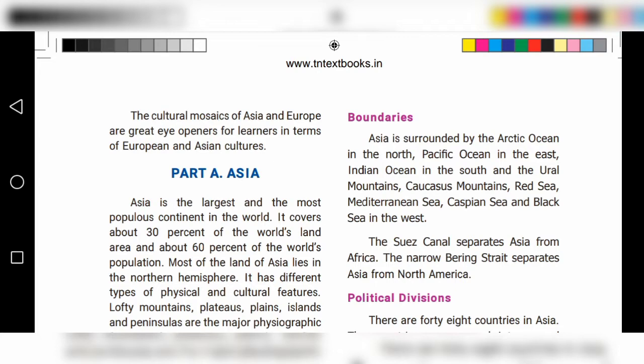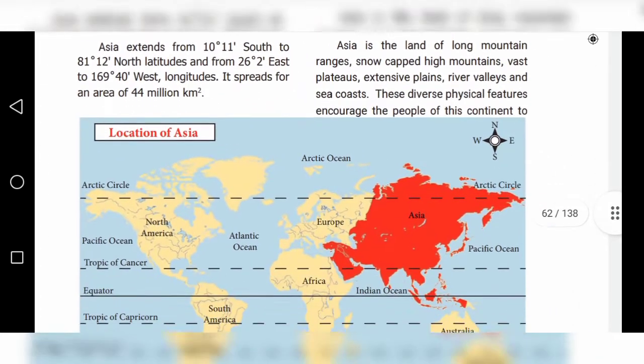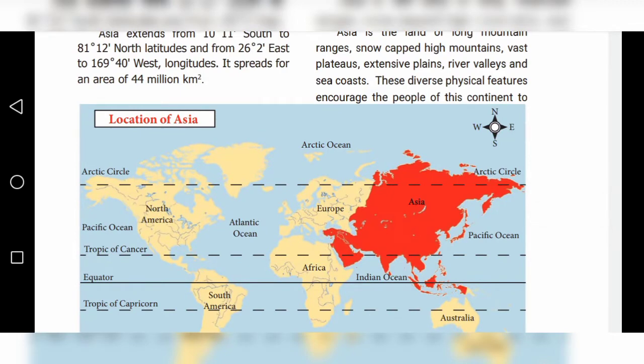The vast land masses on earth are called continents. There are 7 continents in the world. They are Asia, Africa, North America, South America, Antarctica, Europe and Australia. These are the 7 continents.